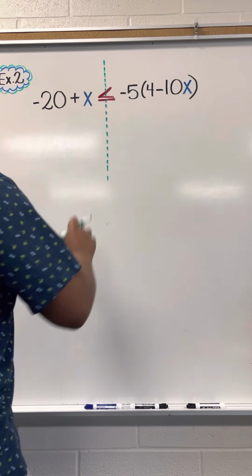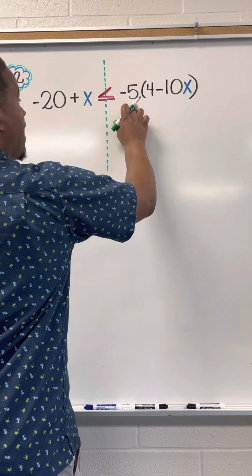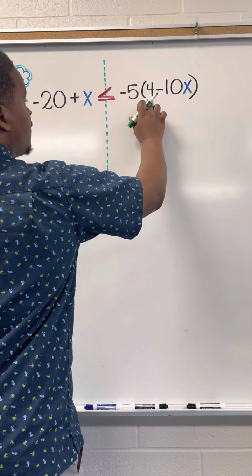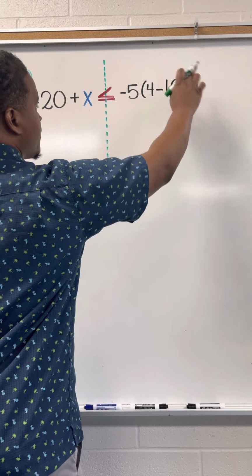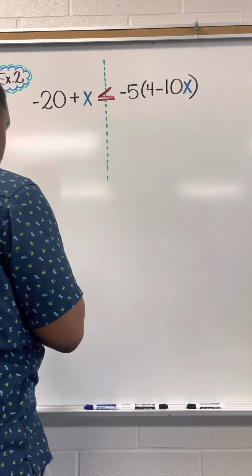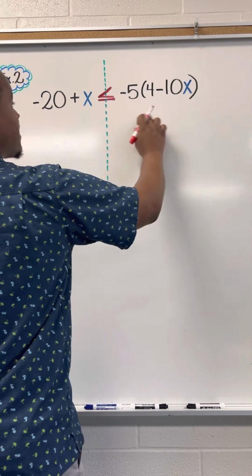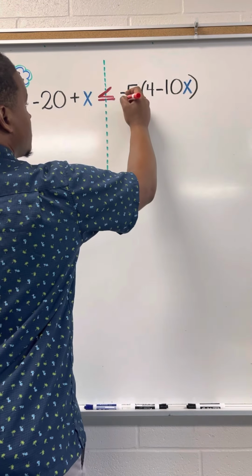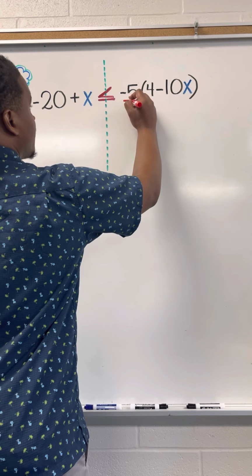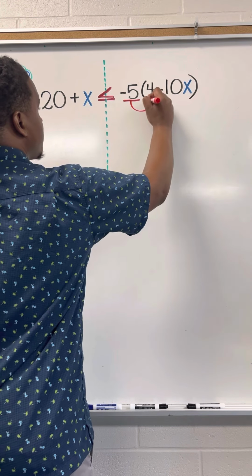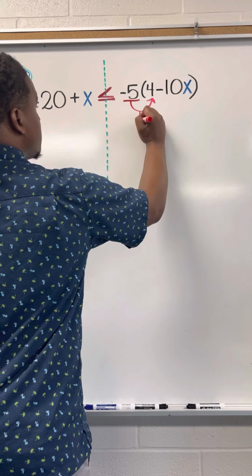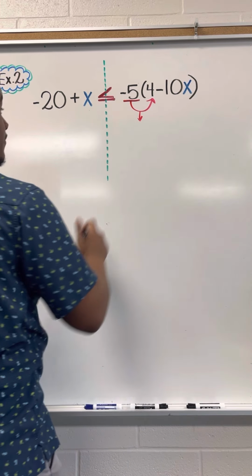I see that on this side, I have -5 times parentheses 4 minus 10x parentheses close. What I need to do is multiply everything inside the parentheses by -5. The first thing I want to do is -5 times 4, which is -20.